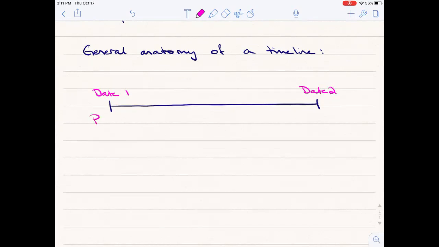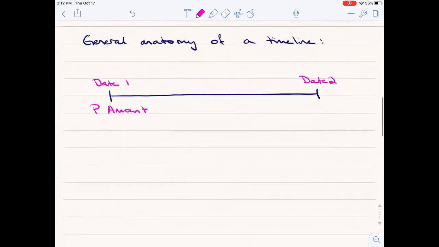And then it sits there earning interest until I take it out on date 2, whatever the date that is. And that's my future value amount.